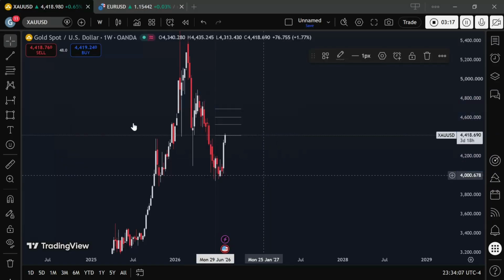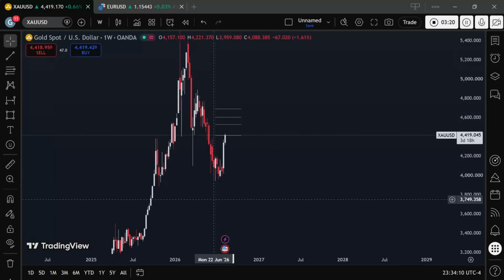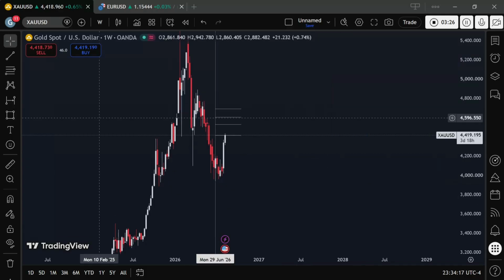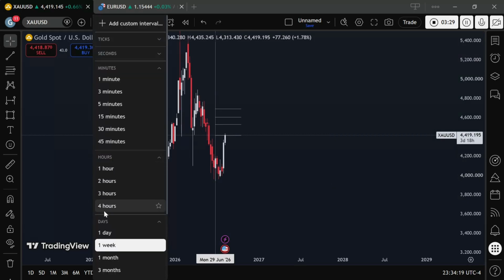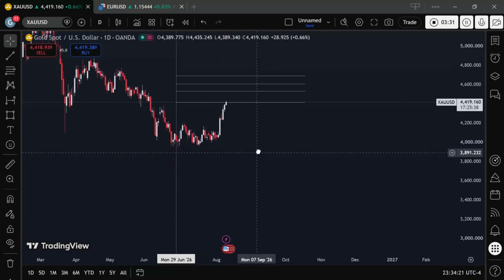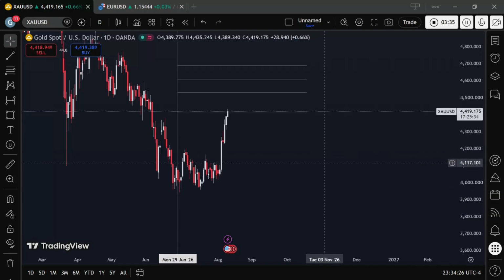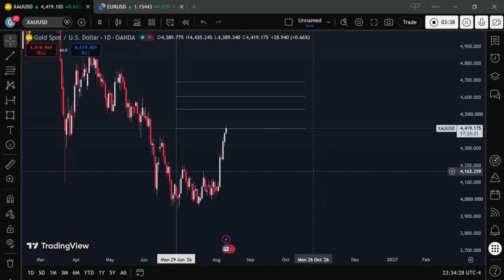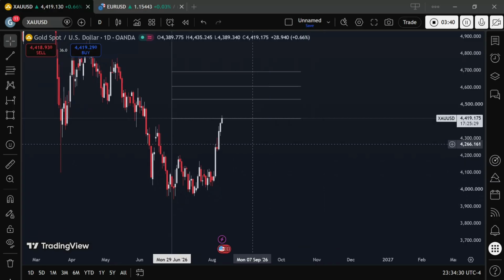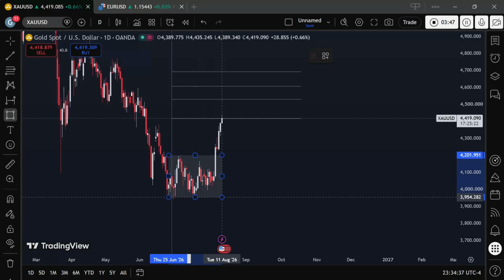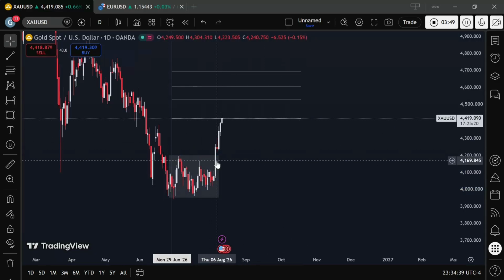Having that, we can now drop to our daily time frame and see what we have. From the daily chart, you can see price broke out of this range impulsively, but we didn't have a retest.